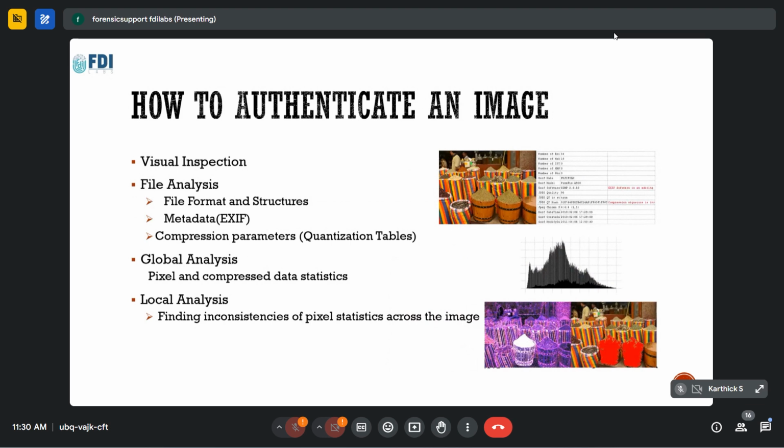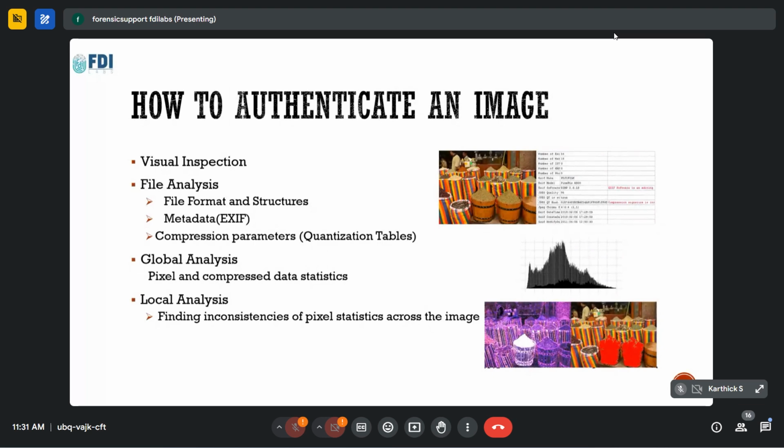I also told you some of the step-by-step image authentication processes mentioned here. I've given you the main structure of how an image authentication process takes place. The first step is to visually inspect the picture and the data, and the second step is file analysis, that is, checking the file format and the structure of the data.